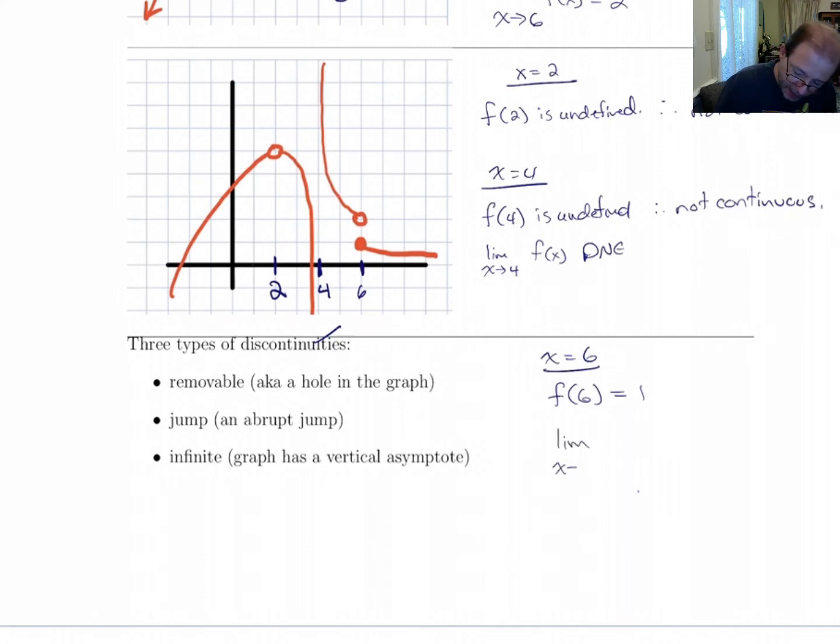The limit as x goes to 6 of f of x equals, well, if you come over here, from one side, we're approaching positive 2. If we approach from the other side, we're approaching 1. So the two-sided limit does not exist. So since the limit doesn't exist, that's enough to tell us that it's not continuous.